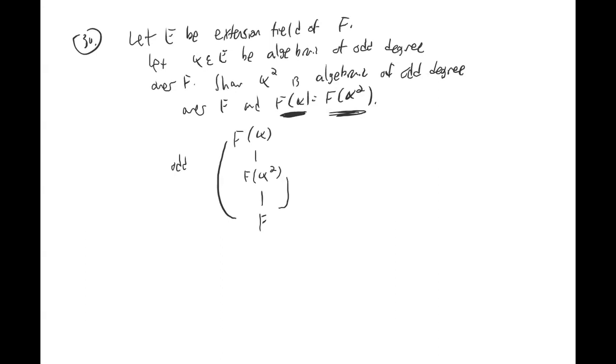If this was even, then it would divide an odd number, right? So we see that this must be odd. So we've done the first part. So now we know this is odd. Everyone agree? Or everyone follow so far?